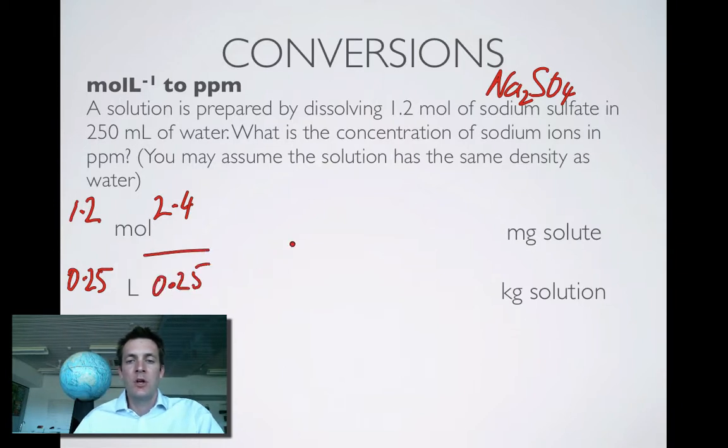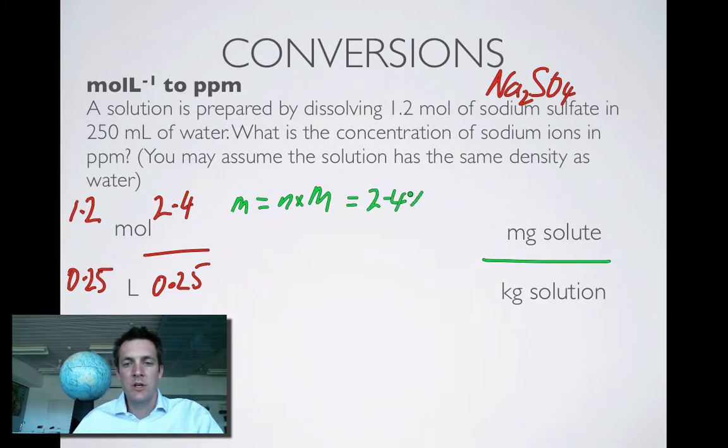Now, can I turn 2.4 moles into milligrams? Well, yes, because I need to just find the mass. This is a mass here, so I'm going to find the mass of solute and divide it by the mass of the solution. The mass of the solute is n times big M. We're talking about sodium ions this time, so that's 2.4 times 22.99.